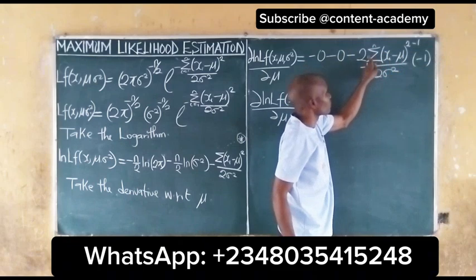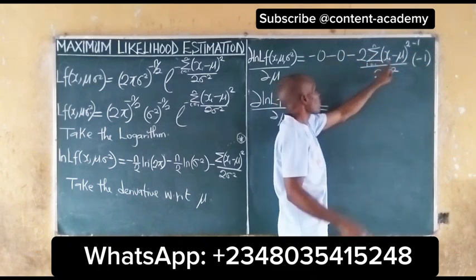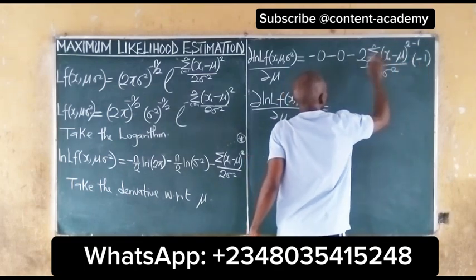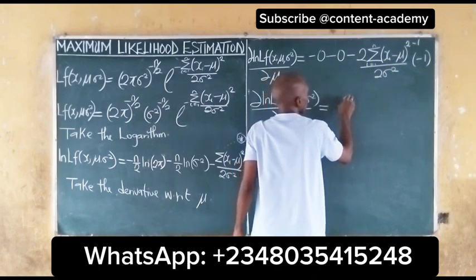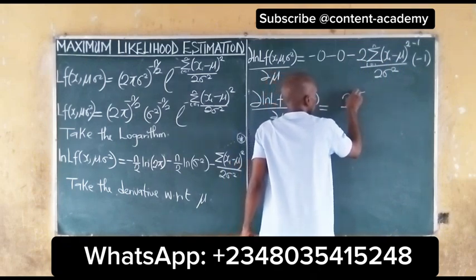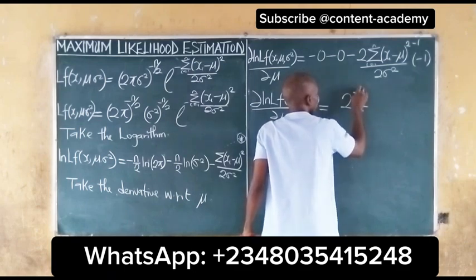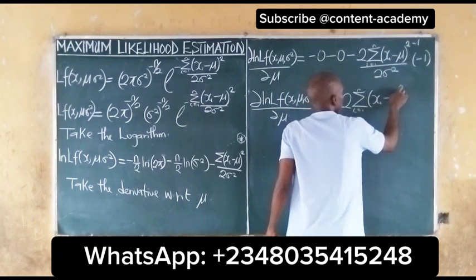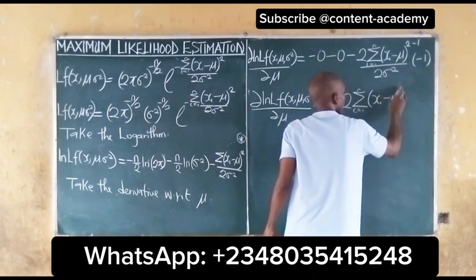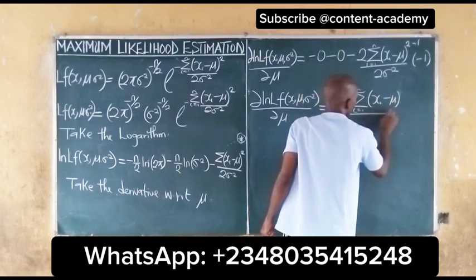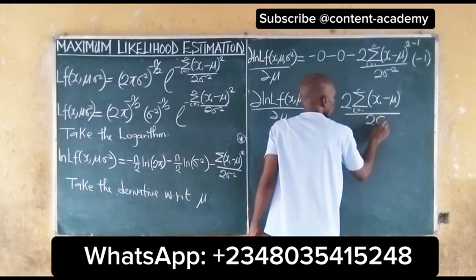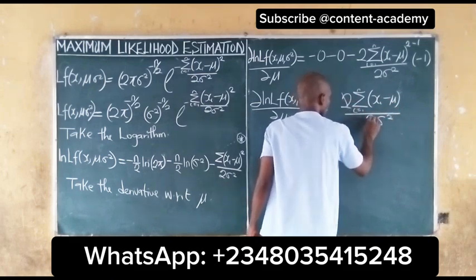If we differentiate this as a function of a function, we have negative 1 here. Because of this negative 1, it will also affect this to give us 2 summation as i runs from 1 to n, (xi minus mean) to the power 2 minus 1, all over 2 sigma squared. Of course, this can cancel this.